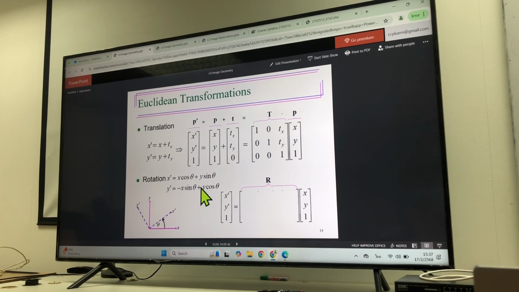And the equation is this. How will you write it in terms of matrix? For the first row, x prime is x times cosine theta plus y times sine theta plus 1 times 0.